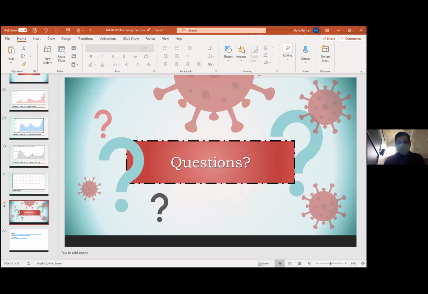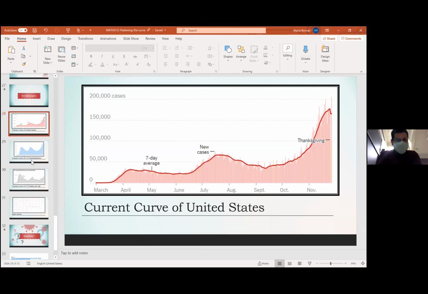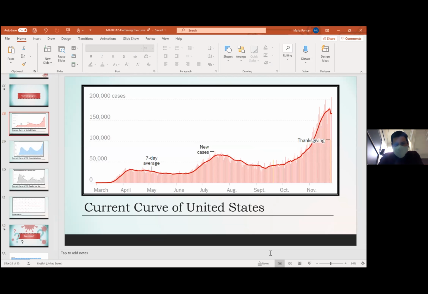Okay, can you go back to the 3 plots you showed about number of cases, hospitalizations, and deaths? Go back one more. Thanks. So this is the number of cases. Do you know of any similar plots that adjust for the amount of testing that's done?